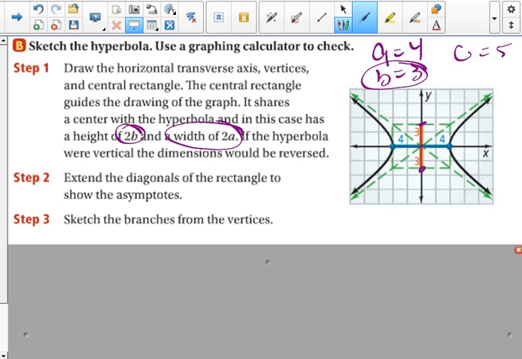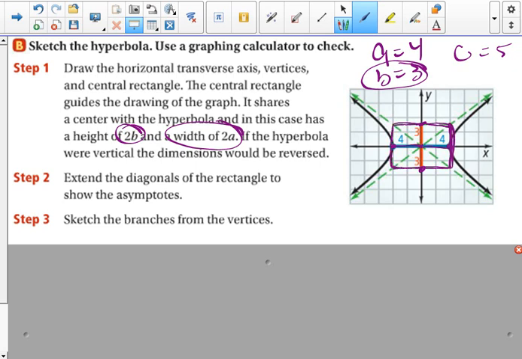So we've got the top of our box. And now let's do the side. We know that a is equal to 4, so we're going to go from the origin to the left 4 and to the right 4. Now, draw the rest of your box. So that's your first step, is to draw this box by those two values.